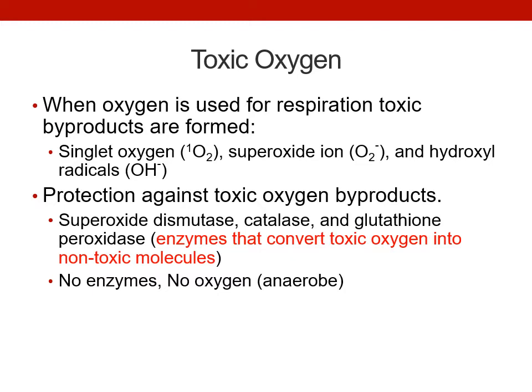Enzymes like superoxide dismutase, catalase, and glutathione peroxidase are three enzymes that convert toxic oxygen into non-toxic molecules. Organisms that do not make these enzymes cannot use oxygen because the toxic byproducts would kill them. These types of organisms are anaerobes.